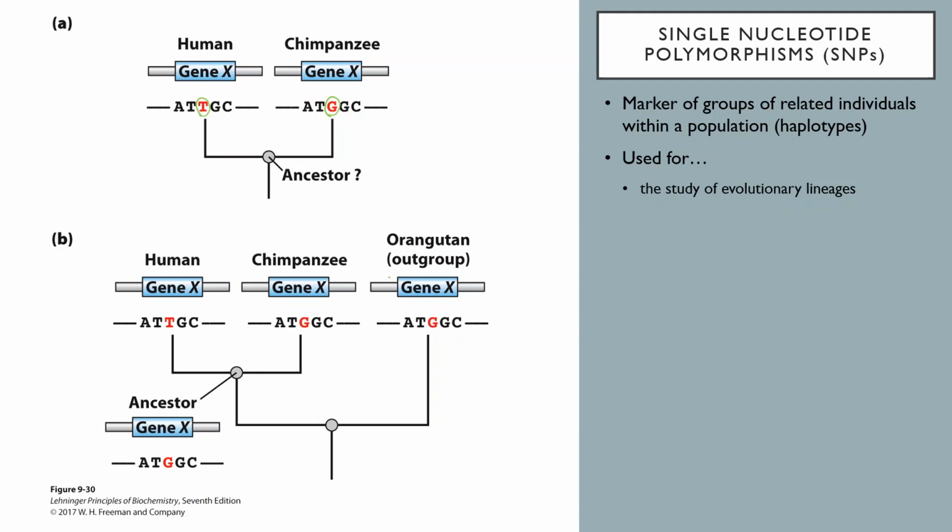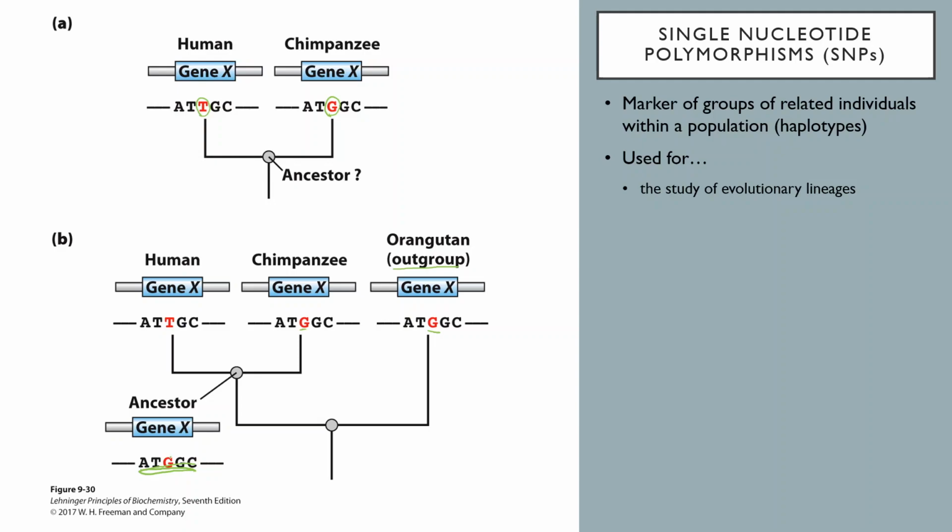So if you look at the DNA sequence for gene X in an orangutan, and you saw that at that position there's a G, because it matches the chimp, or because the G is in the outgroup, the orangutan in this case being called the outgroup, then we could make the assumption that the ancestral sequence for that gene contained a G at that position.